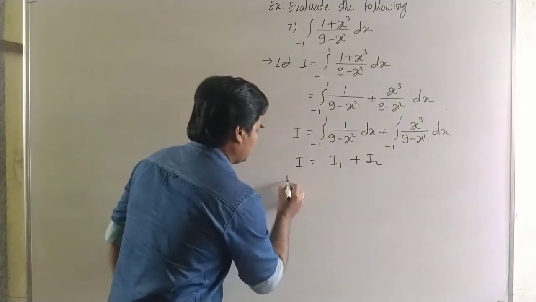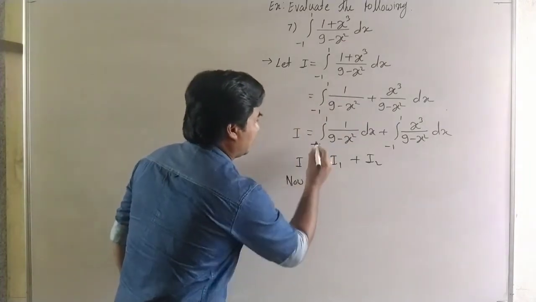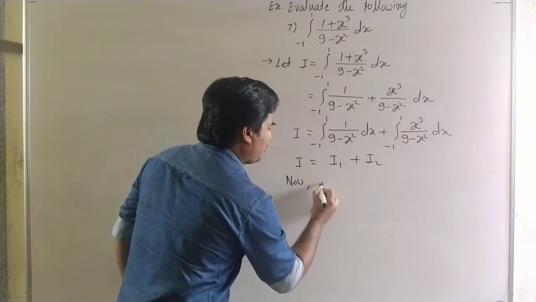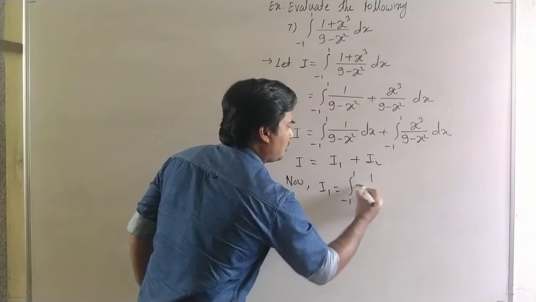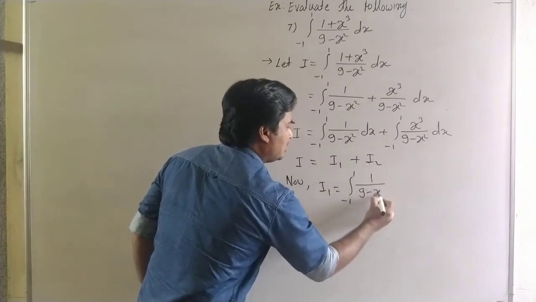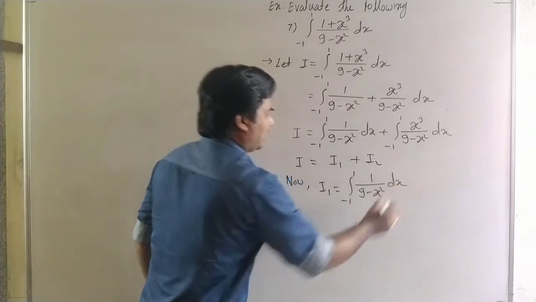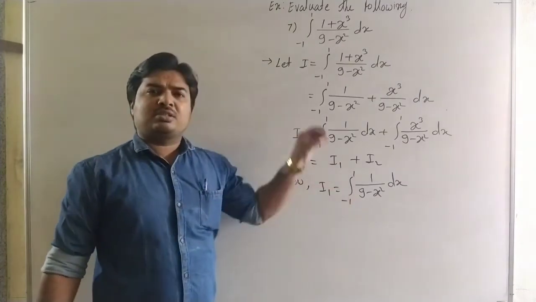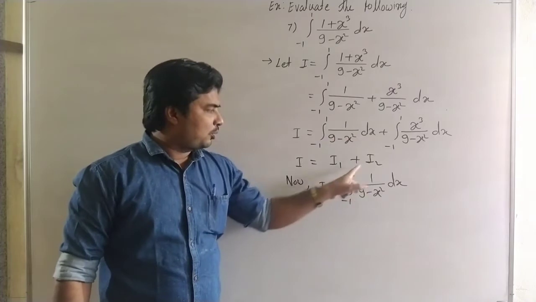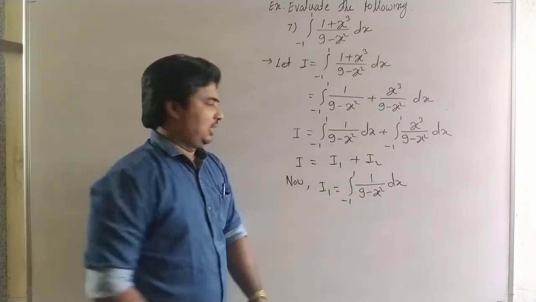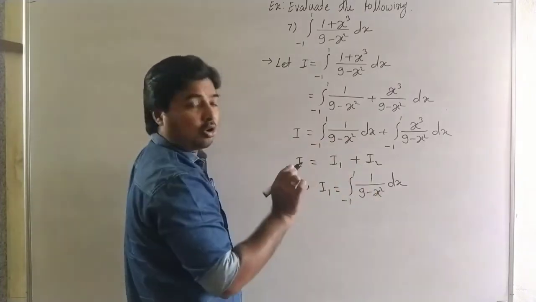Now here I1 is the integral from minus 1 to 1 of 1 upon 9 minus x square dx. This integral we can solve directly or by using the property of minus a to a. First we check whether this function is even or odd.